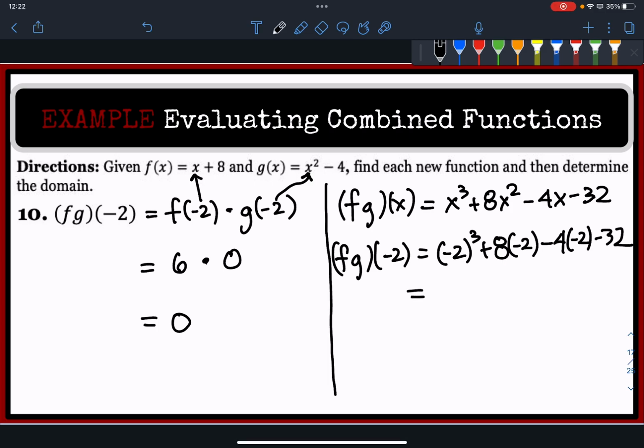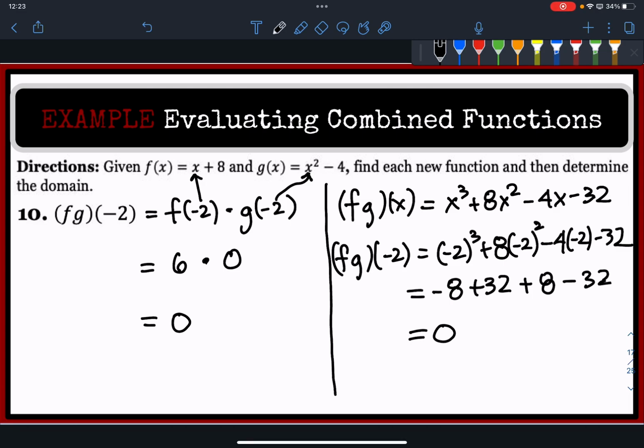We end up with negative 8, negative 16, positive 8. Oh, my bad, that's a square. So that's going to be positive 32, positive 8, and negative 32. That again is equal to 0.